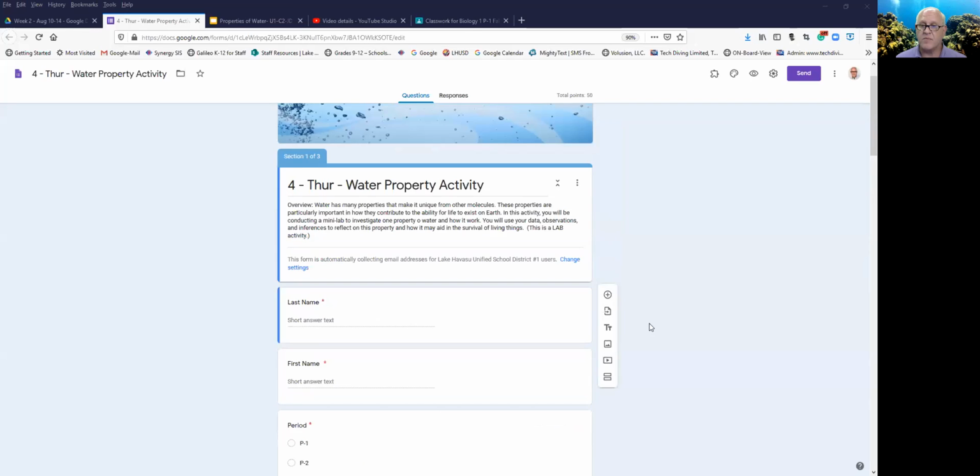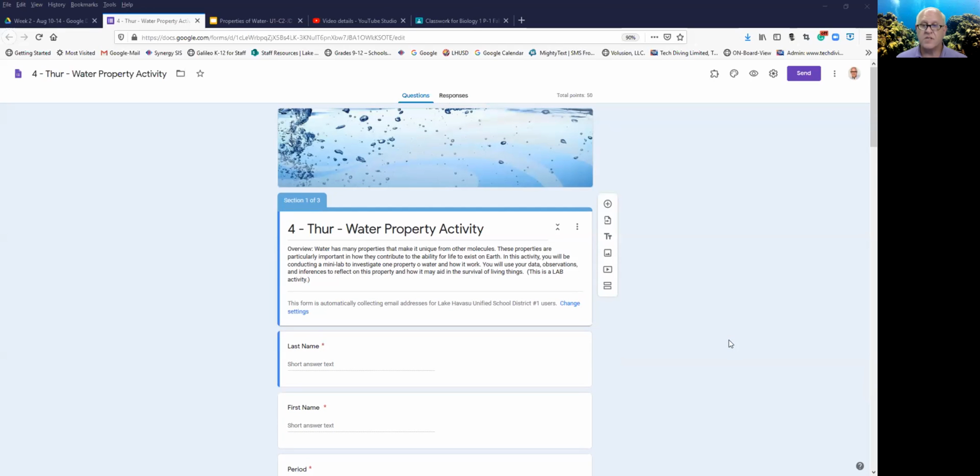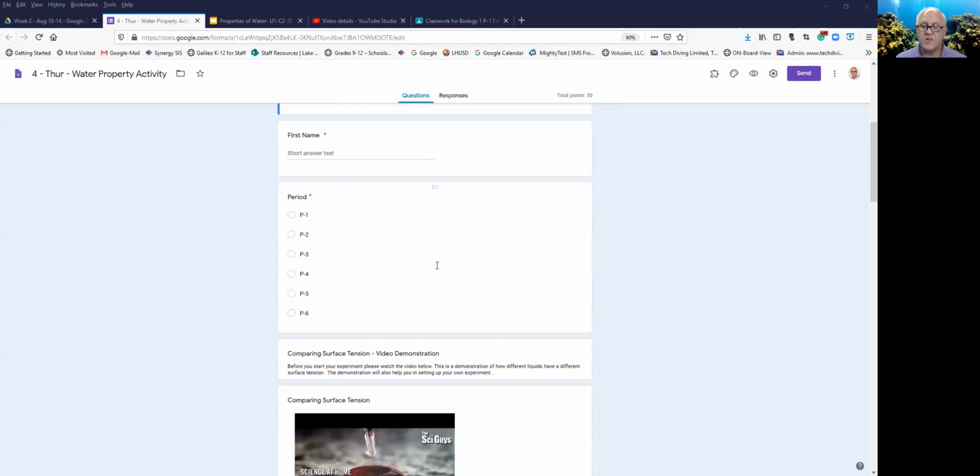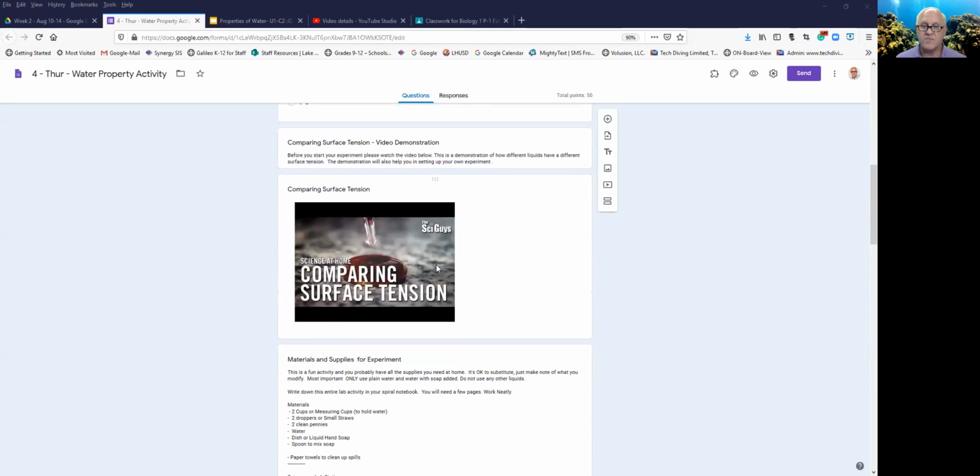After you go back and go through your notes, you're going to work on your first water property activity. It's a lab. You're going to open up your next tab, and you're going to find this little water property activity. The goal here is for you to learn about surface tension.